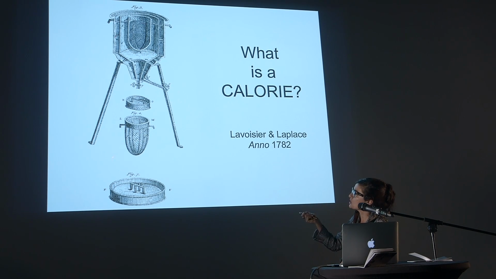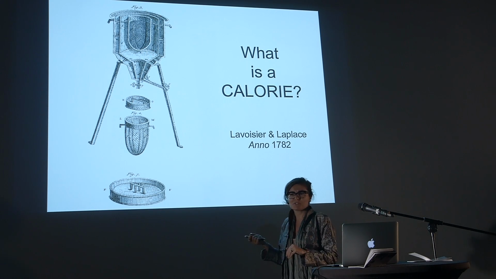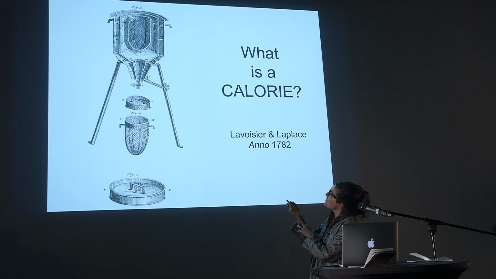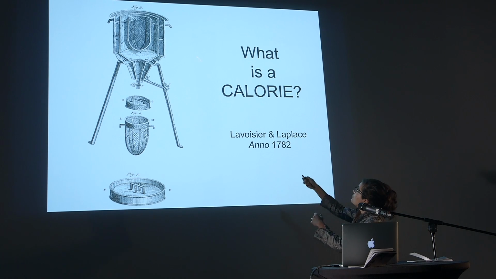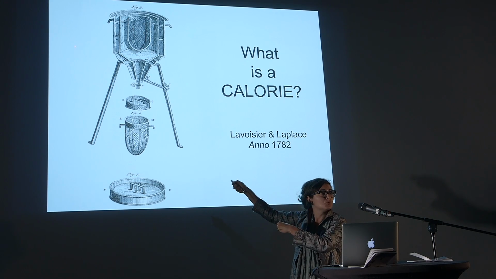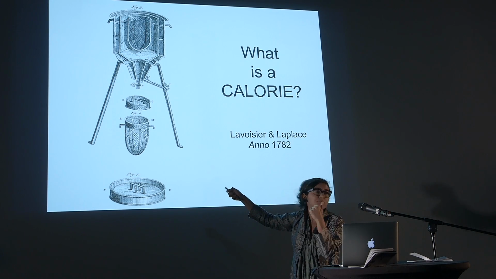They developed this machine, which is basically a chamber inside a chamber inside a chamber. James, you were talking about chambers. These are chambers. On the outer part you put ice, and you can see that the ice chamber is connected to a little tap, which is this tap here. On the inner chamber, this is a basket where you put food, whatever.